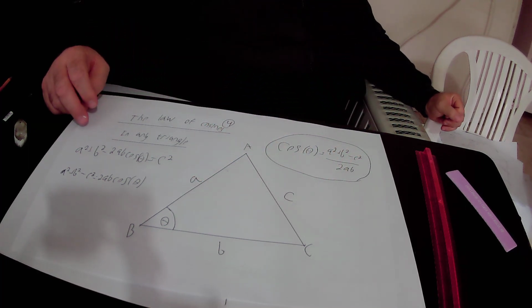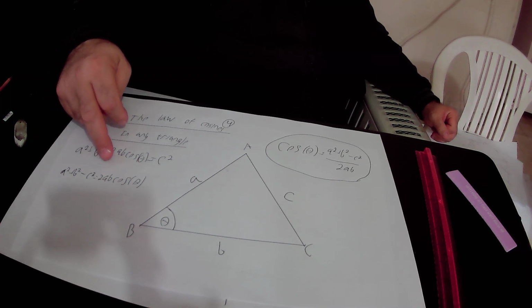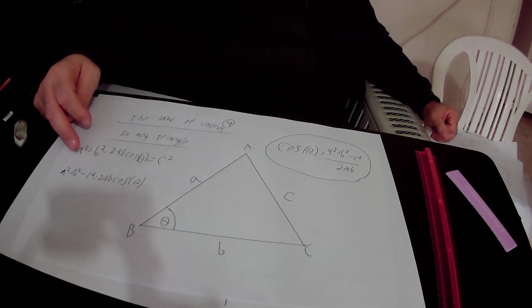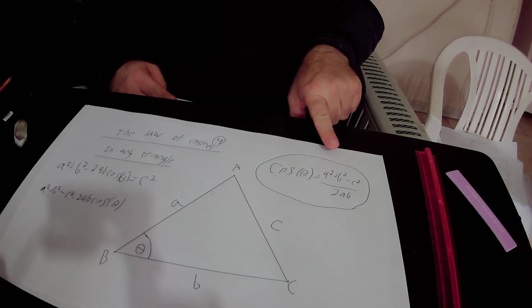Here we subtracted C squared and added 2 times AB cosine theta, and got that A squared plus B squared minus C squared equals 2 times AB cosine theta. We divided this equation by 2 times AB, and got that cosine theta equals A squared plus B squared minus C squared over 2 times AB.